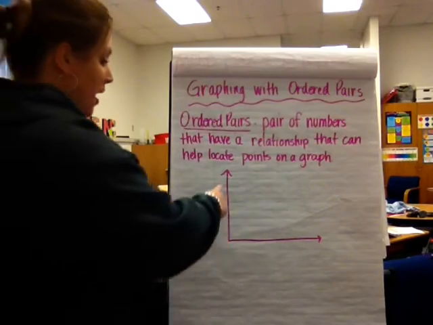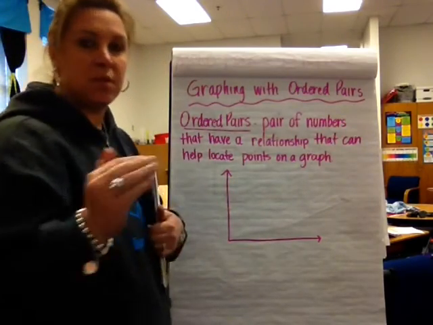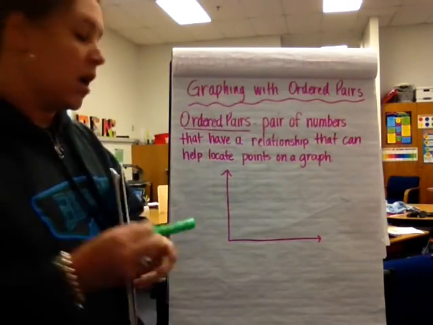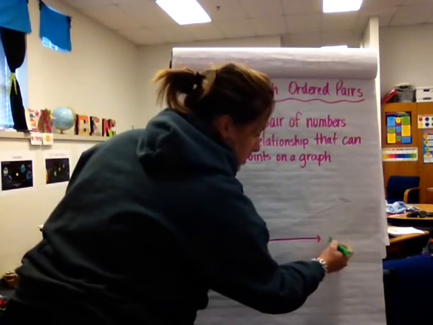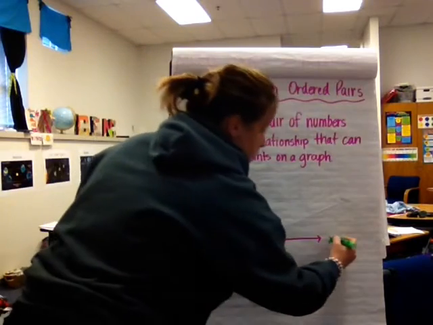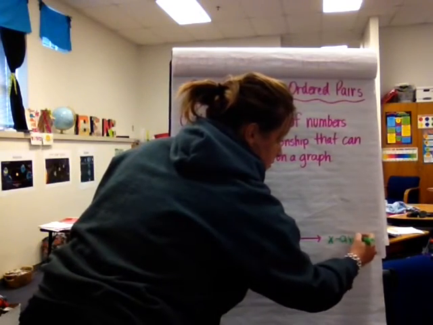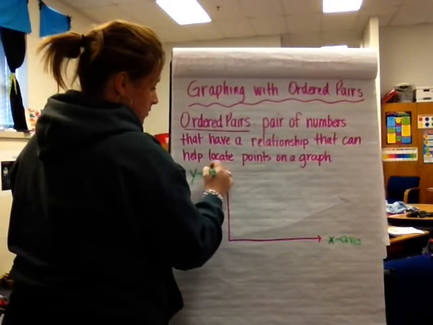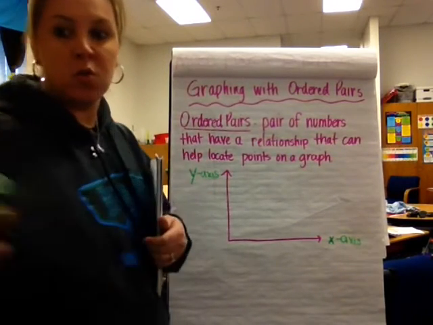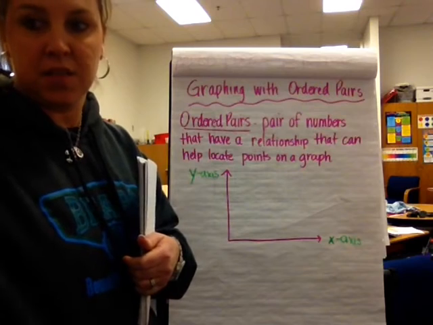So what you have is your grid. A couple important things: this is your x-axis. We've talked about this. And this is your y-axis. Nothing new that we talked about right there. Everything's been the same thus far.